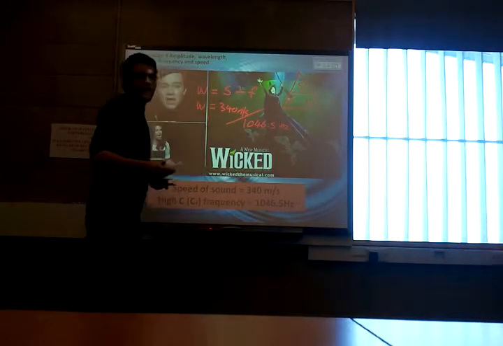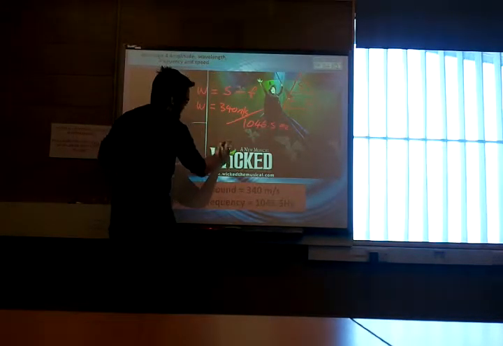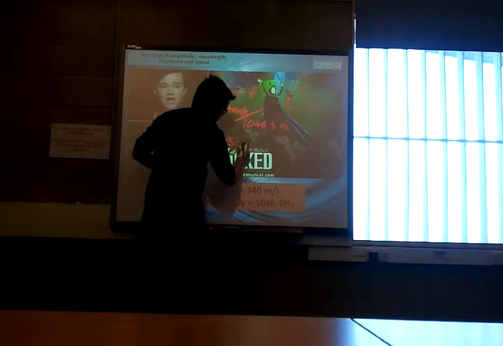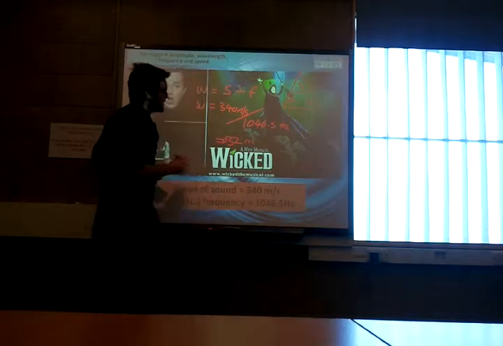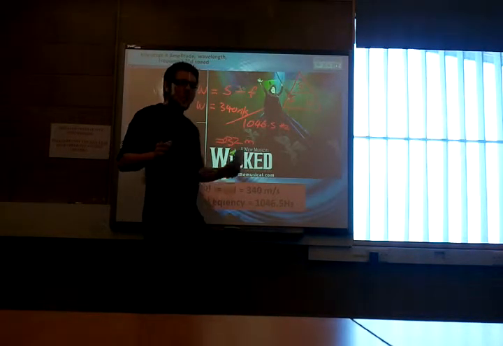I've already worked this out, so I'm not going to go to a calculator. What it works out to is 0.32, and that is in meters. So the wavelength of this C6 is 32 centimeters.